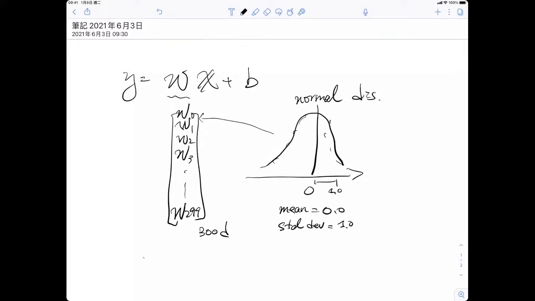On average, half of the initial weights are less than 0, meaning negative numbers, and half are positive numbers. And lots of weights have initial values near 0, because the mean of this normal distribution is zero.